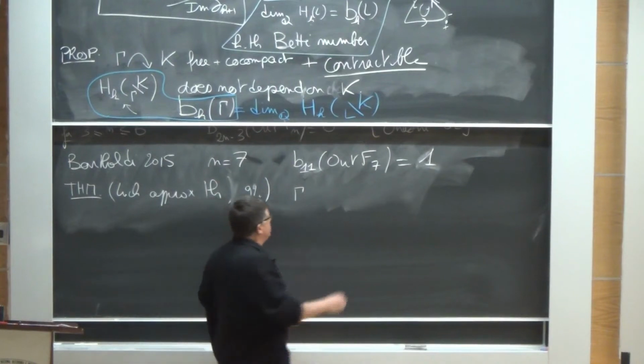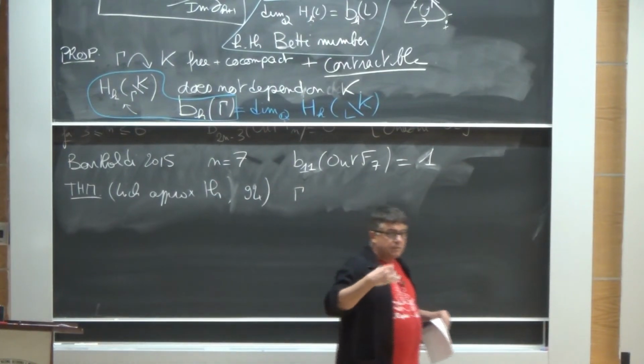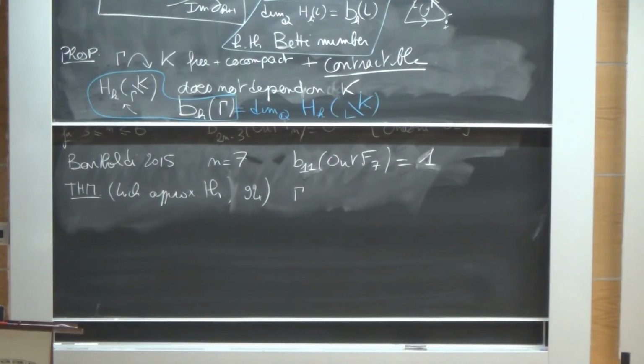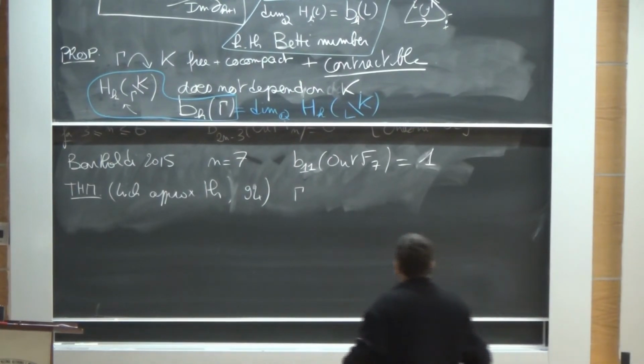So it means that in gamma you can find a decreasing sequence of finite index subgroups. The subgroups are normal with trivial intersection. I write it.